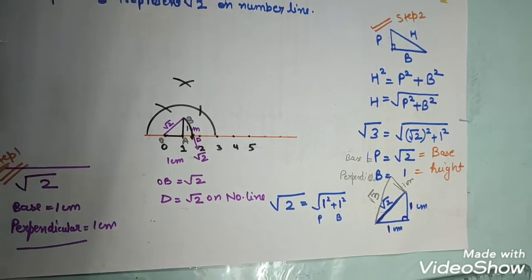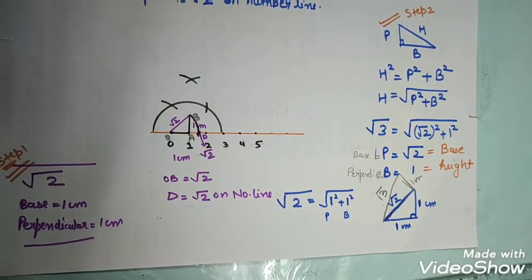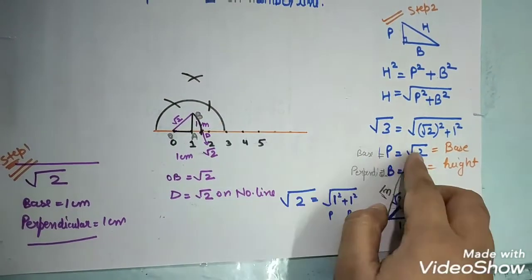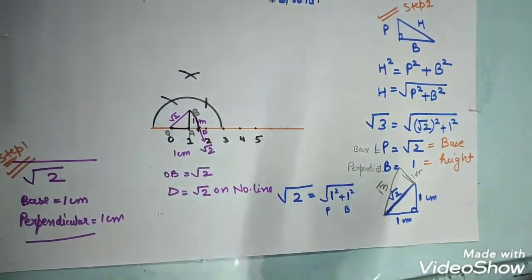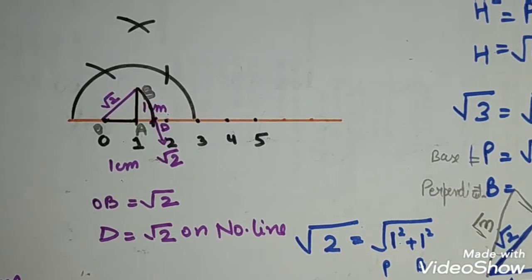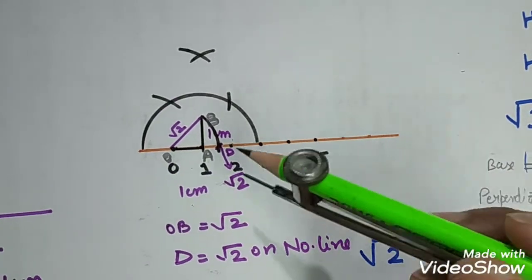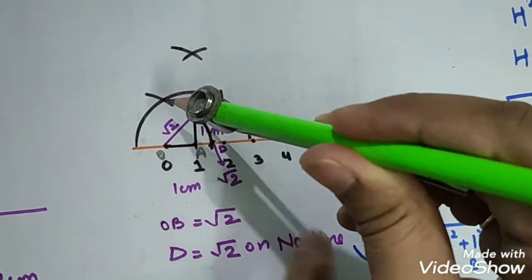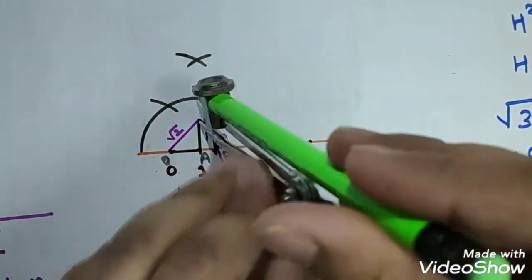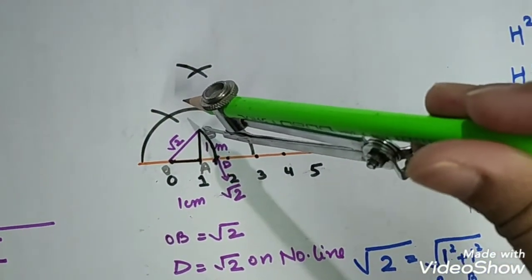So now look, I am going to draw step 2. Taking base we have drawn. Now taking height as of 1 centimeter. So now again take an arc to make a 90 degree from this B point.